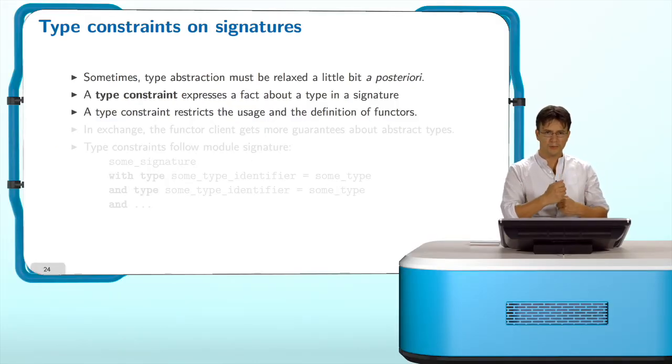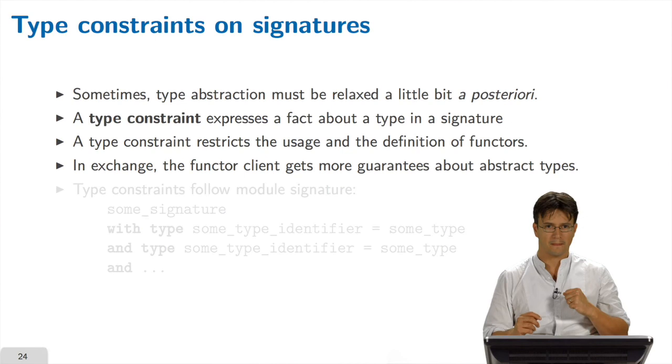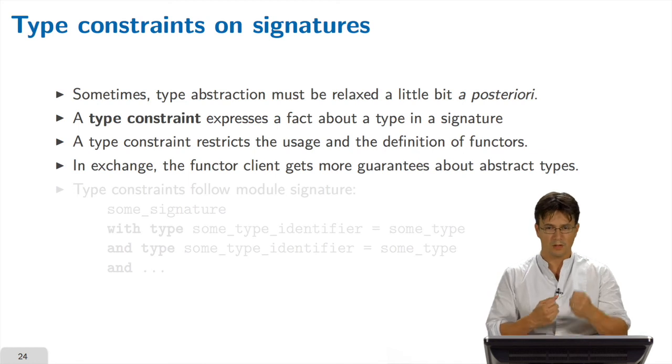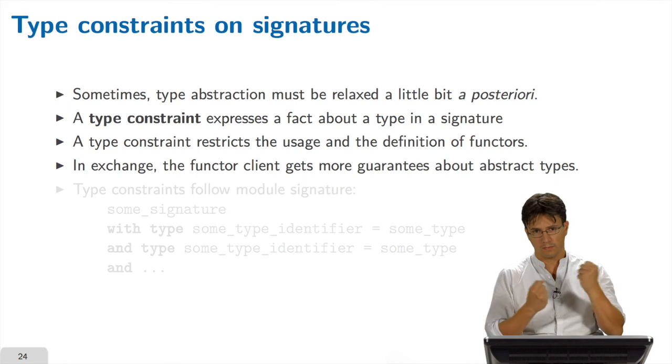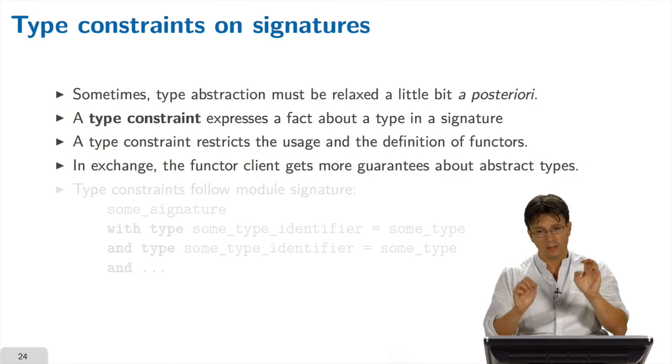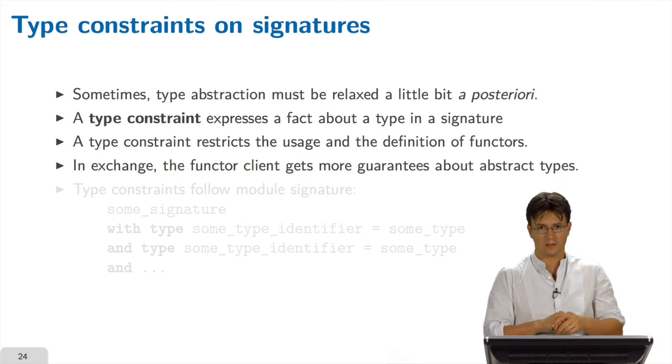So when you have a type constraint on a signature, it restricts the usage and the definitions of the functor you are defining. But in exchange, the functor client will get more guarantees about abstract types. The fact that two types, for instance, share the same definition, even if you don't know exactly what this definition is.